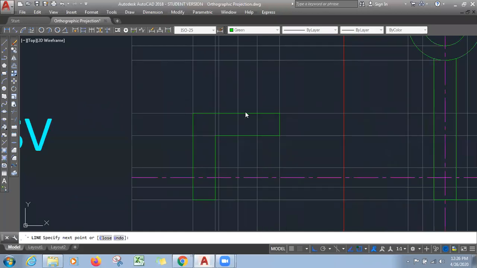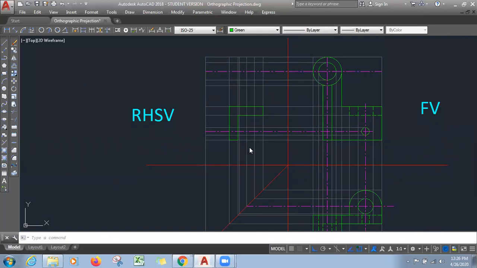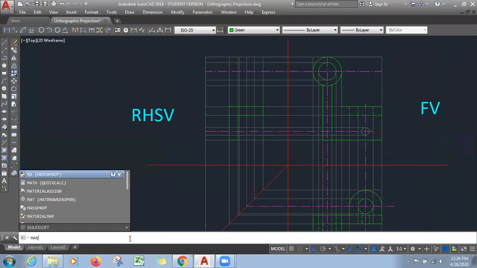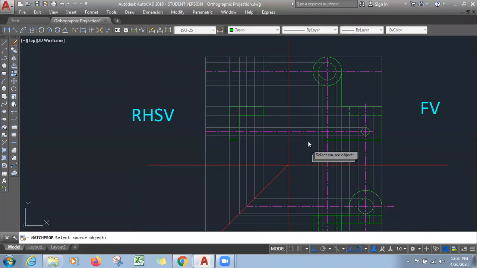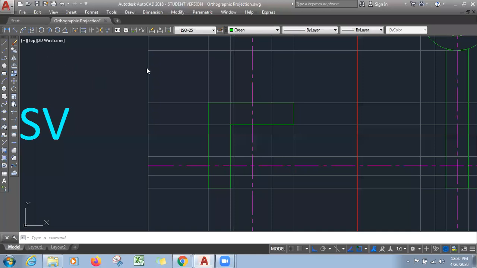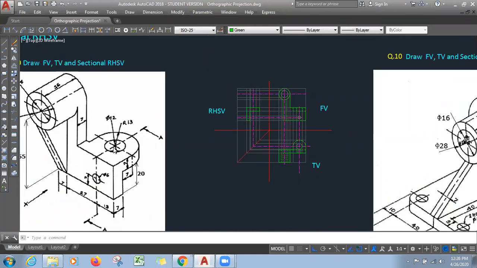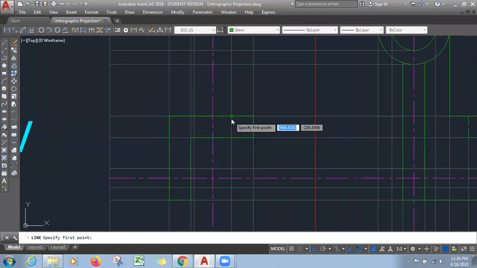Now once you have projectors, you don't need to measure the distances. Match properties, this is a center line and this is also a center line. Now these projectors are for this. Now see, this circle cannot be seen, this circle cannot be seen. So what can we do? We can have projection lines.